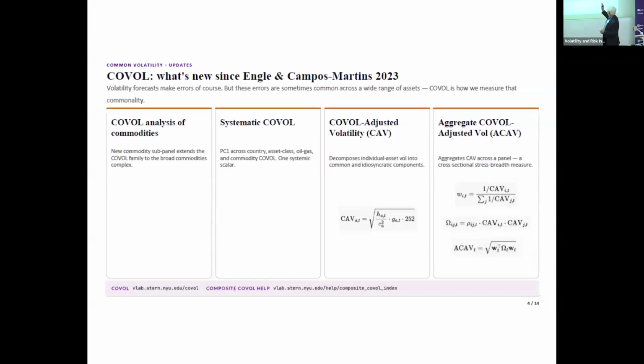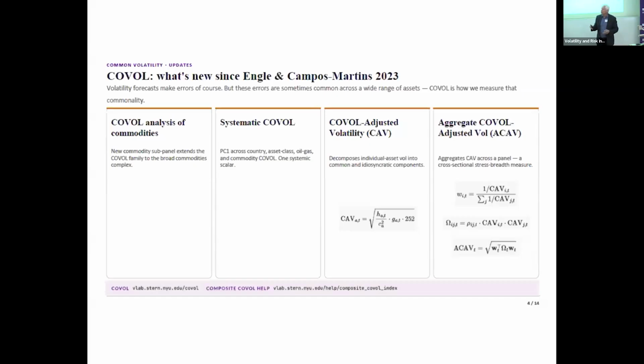We have now recognized that because this is like a forecasting error in volatility, sometimes it doesn't show up. When volatilities are all forecasted to be really high, then COVOL doesn't show up as a very big forecast error.